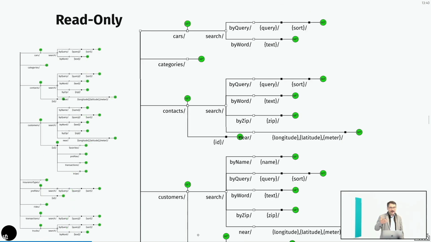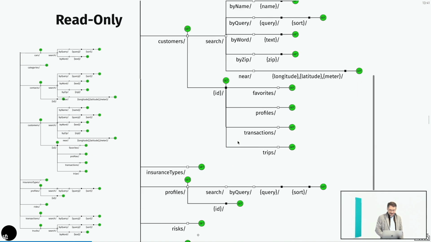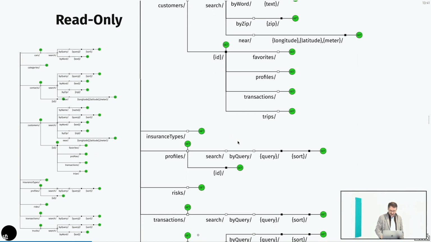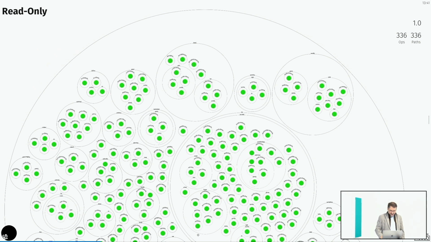Even if the API is only used for reading information, depending on what you read, depending if you can search, you can filter, there can be quite interesting structures to be found there. This is an even larger one with more than 300 operations, so it's still a tree structure, but we use a different layout to show the elements.